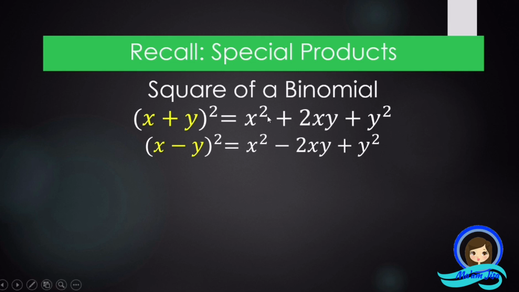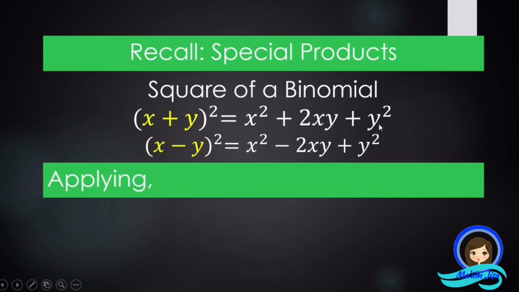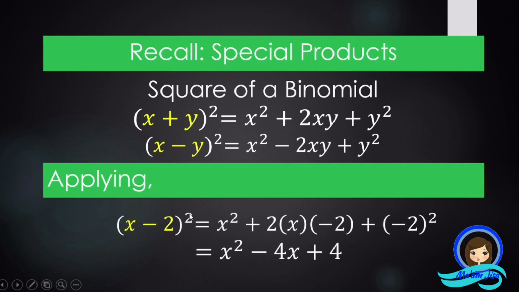First is the square of the first term plus twice the product of the first and the second term plus the square of the second term. So applying this general rule, we have the square of quantity x minus 2, x squared minus 4x plus 4.